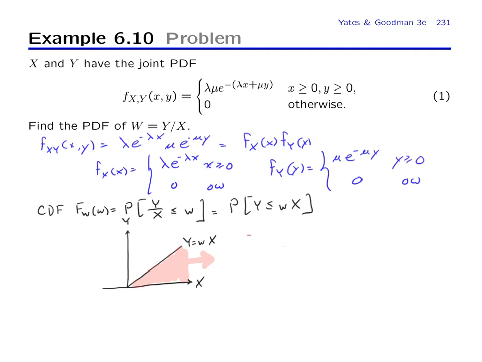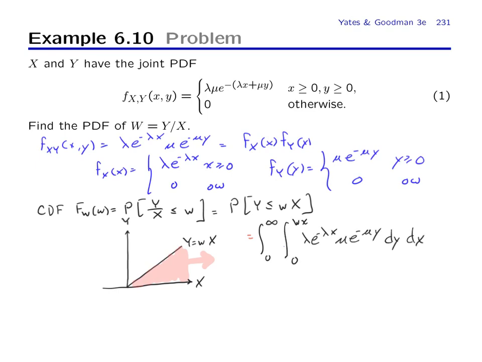So our limits of integration in this problem will be X goes from 0 to infinity, and then Y goes from 0 to wx, and we write in lambda e to the minus lambda x, mu e to the minus mu y, dy dx.